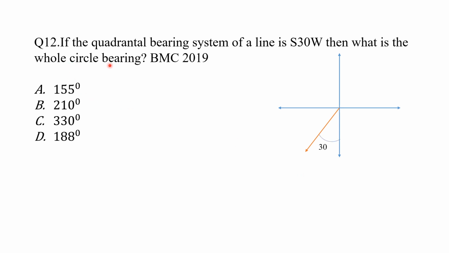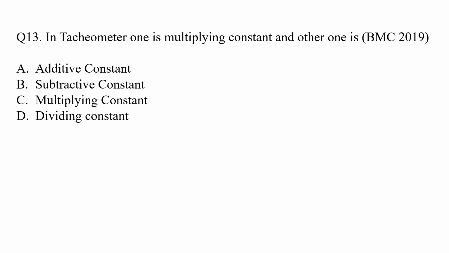For whole circle bearing we need to add the value from north. From north to south the value is 180 degrees. So 180 plus 30 is 210. So the whole circle bearing is 210 degrees. Option B is correct.